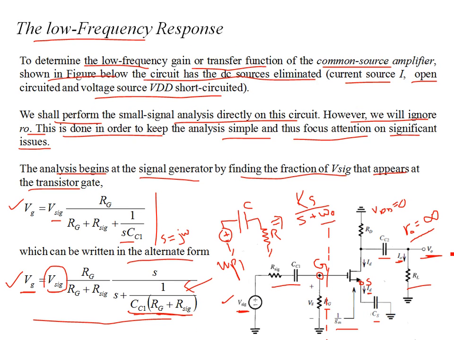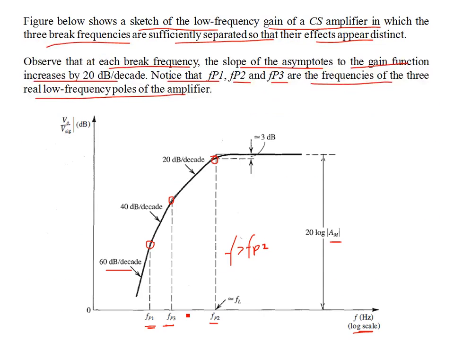Similarly, for the coupling capacitor CC1, RD plus R signal is the resistance that appears between the 2 terminals of the capacitor. The break frequency is 1 over the time constant.